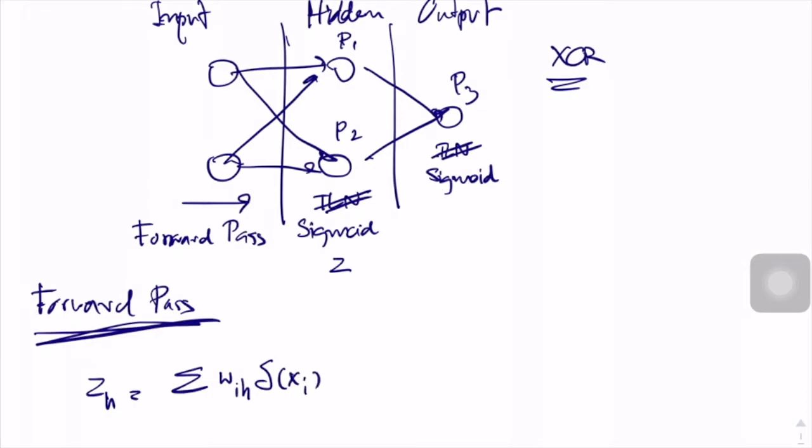But the signal function of x, we will pass through the activation function. So we sum it from i to n. Okay, so this is the part where we pass the input through the activation function.